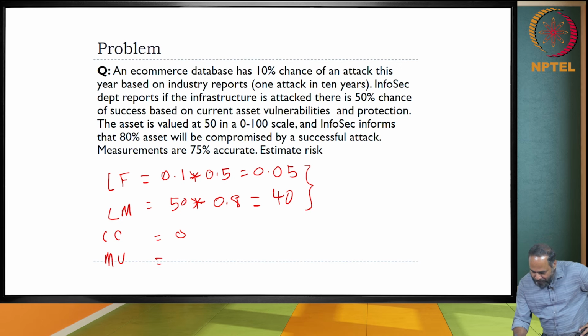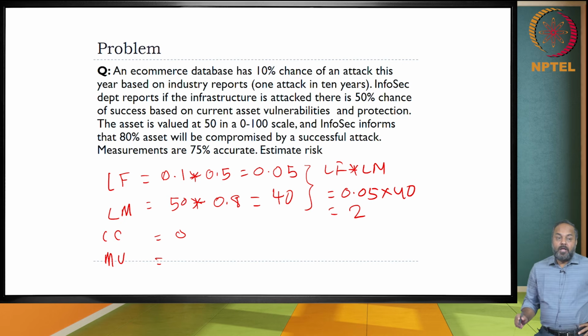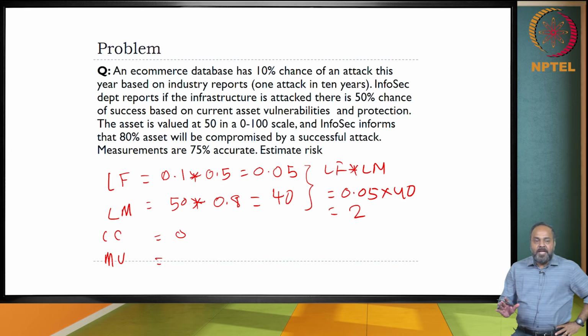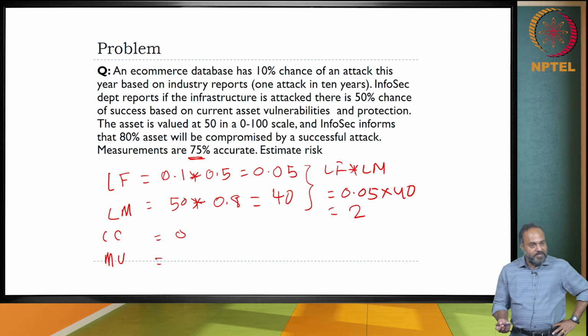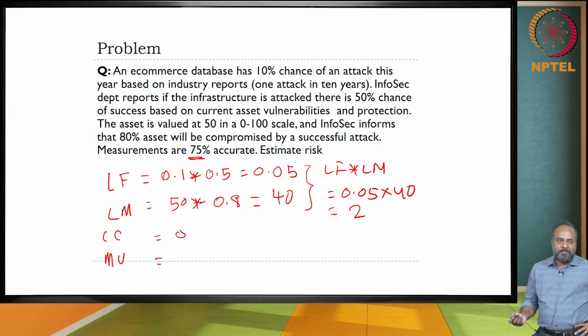So, LF into LM is equal to 0.05 into 40, which means how much? 2. Now, there is no current control. So, essentially this particular estimate of 2 has an uncertainty. What is that uncertainty? It is only 75% accurate, meaning there is 25% error.